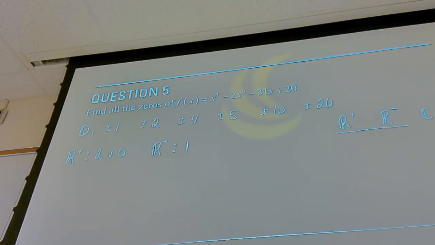So possible combinations: 2 positive, 1 negative leaves no complex, right? No positive, 1 negative would leave 2 complex. We're guaranteed a negative real. So let's just check the negative rationals.